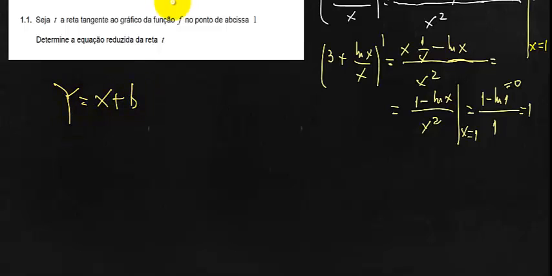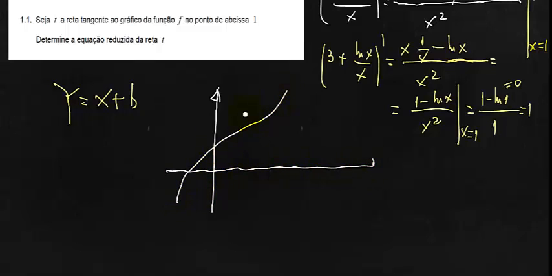So now I must calculate the value of b, and for this let us put an eye on this graph. I'm going to draw over here a graph of the function f, and here is the point, let us say A, and at the point A I have, for example, a tangent line. Okay, let us say the tangent line t, and at this point it is quite simple to understand.